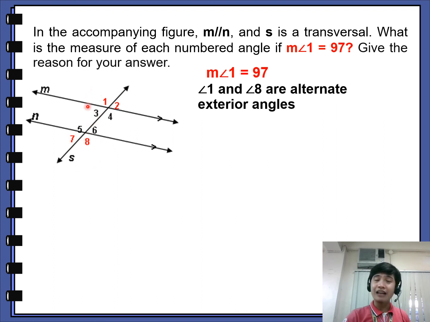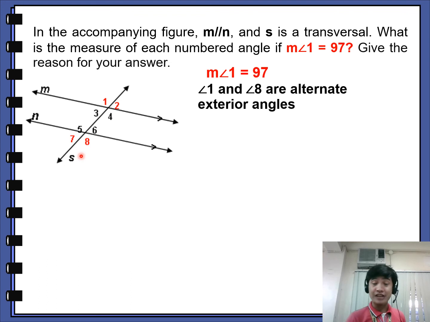Okay, pag sinabi nating alternate exterior angles, these are two non-adjacent exterior angles. Pag sinabi nating non-adjacent, hindi sila nag-share ng common side or basically hindi magkatabi na exterior angles lying on the opposite side of the transversal. Si angle 1 at si angle 8 ay dalawang exterior, hindi adjacent, pero nasa opposite side ng transversal. Nasa left side si angle 1, nasa right side si angle 8.